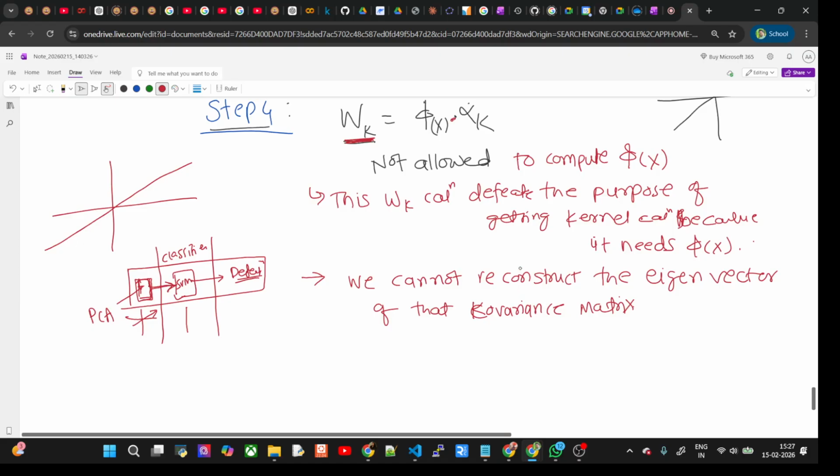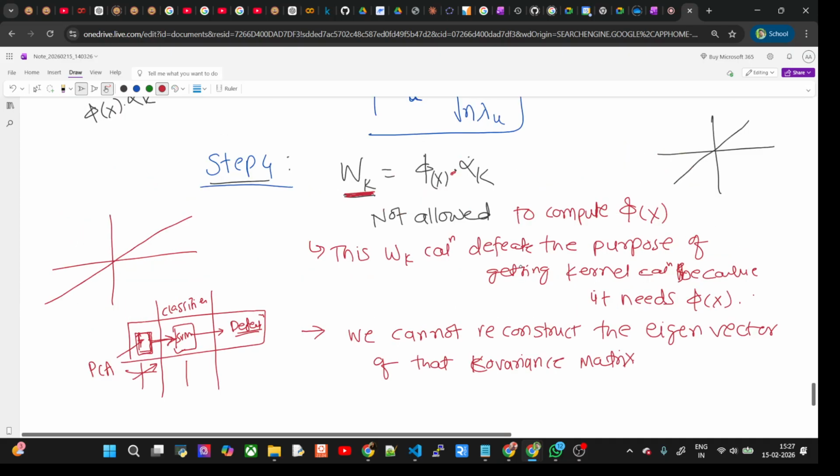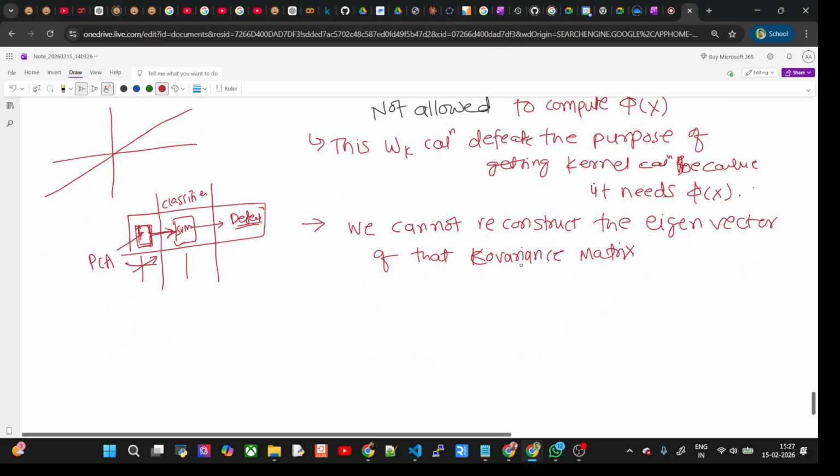But the point is, it's okay if I cannot draw the line. If you see in our basic PCA, I drew last time, these are the points. You try to understand this one.